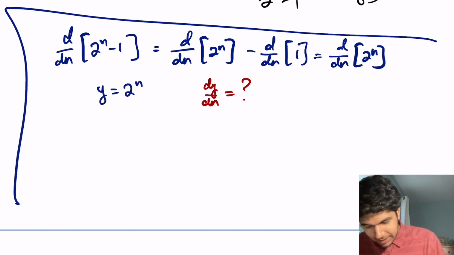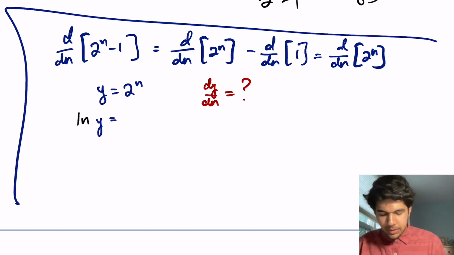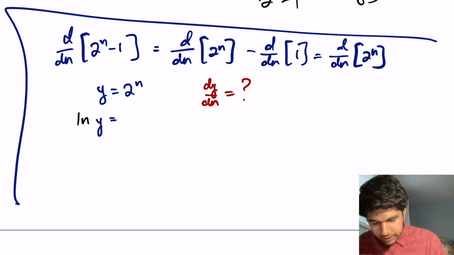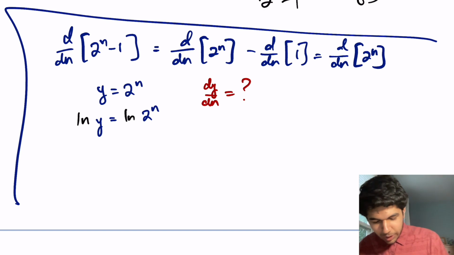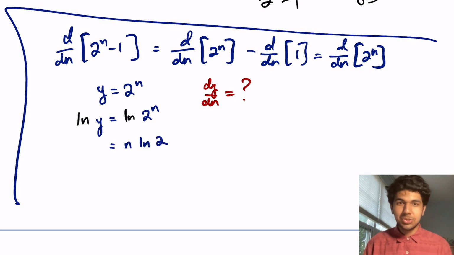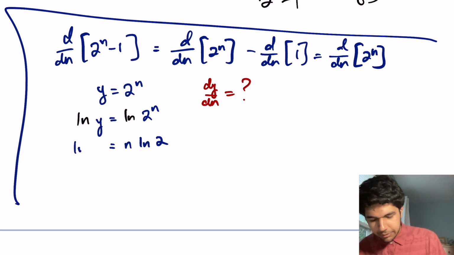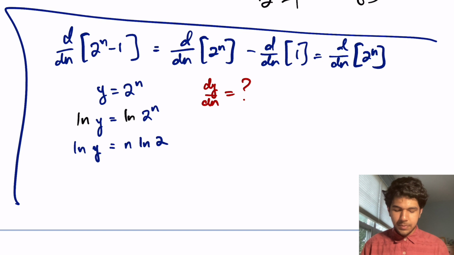So if we were to take the natural log of the left side, we get ln of y, and on the right, we get ln of 2 to the n. And hopefully you remember your rules about logs, because this right-hand side comes to n ln of 2, which is really nice to work with, because now we don't have that 2 to the n. And on the left, we still have ln of y.